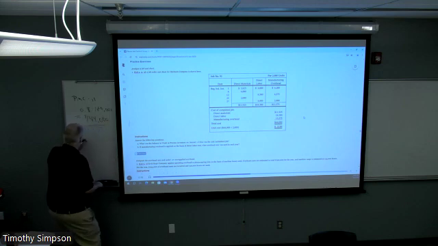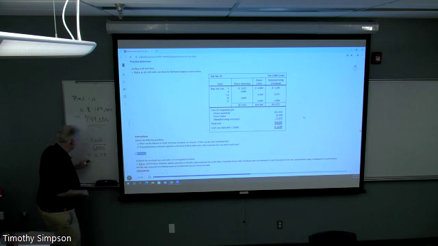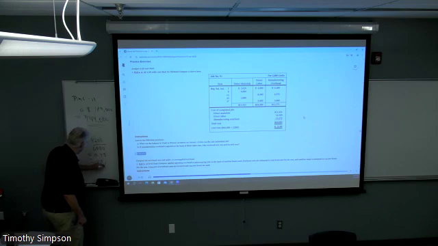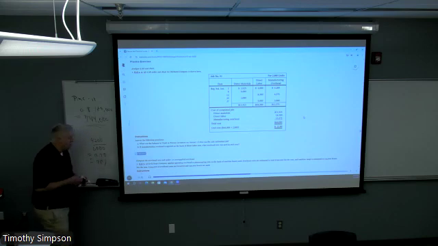So we've got 4,200 that's been allocated to 6,000 of production, and as a result we get 0.70, or 70%. Remember, we can simply move the decimal two places to the right to get 70%. So in the prior year, the overhead rate was 70%.